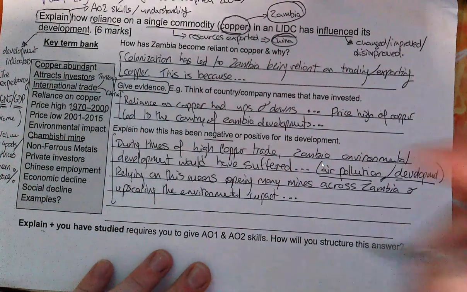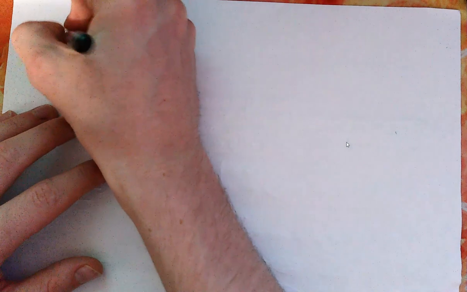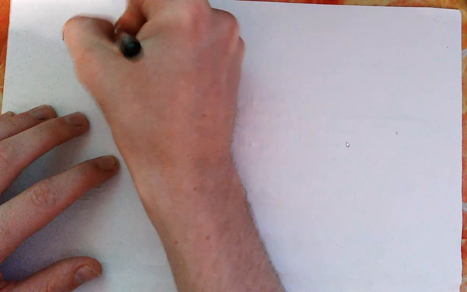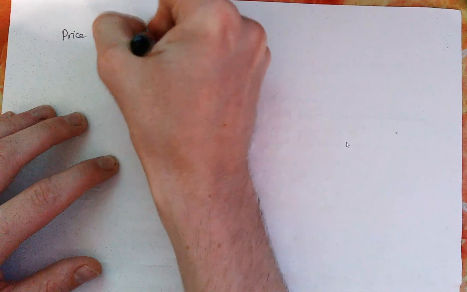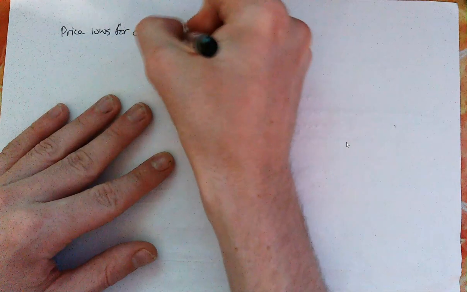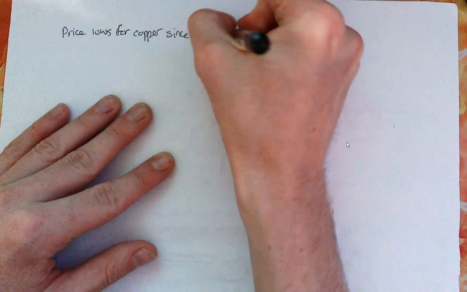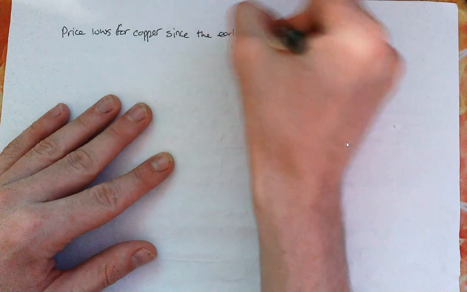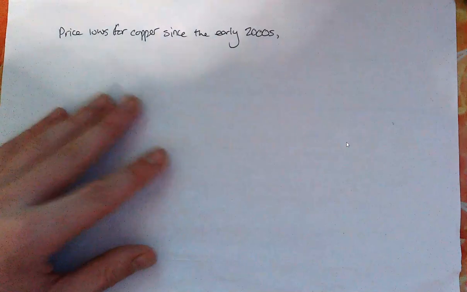Another thing you can do here is, I'm just going to flip over to the next page. We can think about social and economic development. So if we look at the price lows for copper, which have occurred since the early 2000s, that would have led to investors pulling out of the country.